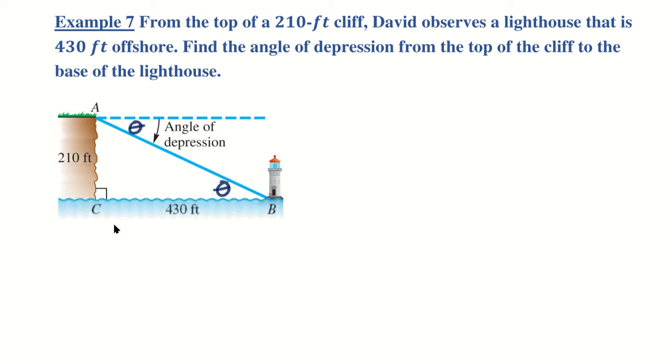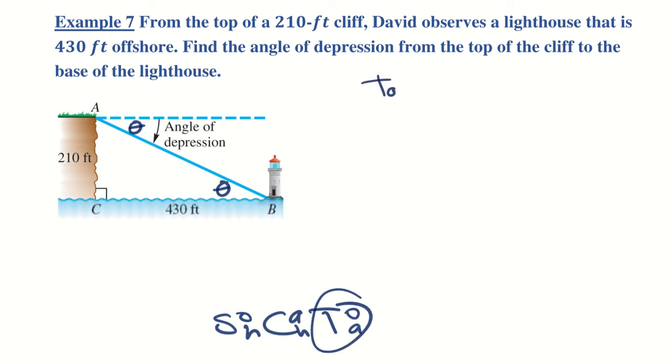So what are we going to do here? Well, we have an angle, the side opposite, the side adjacent. Does that sound familiar by now? Once again, tangent comes to the rescue. So the tangent of theta equals 210.